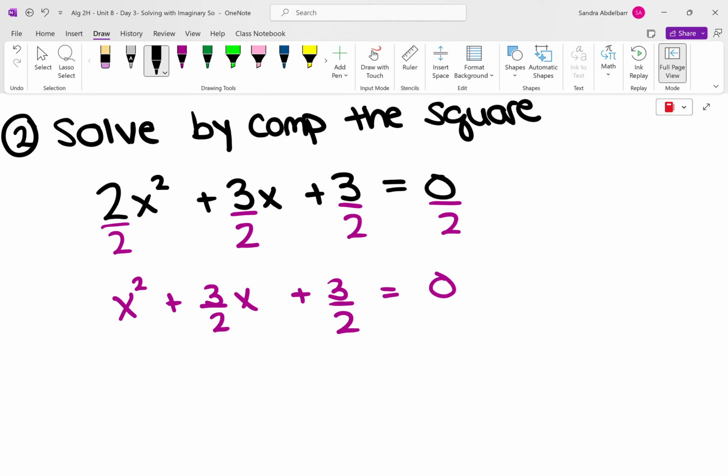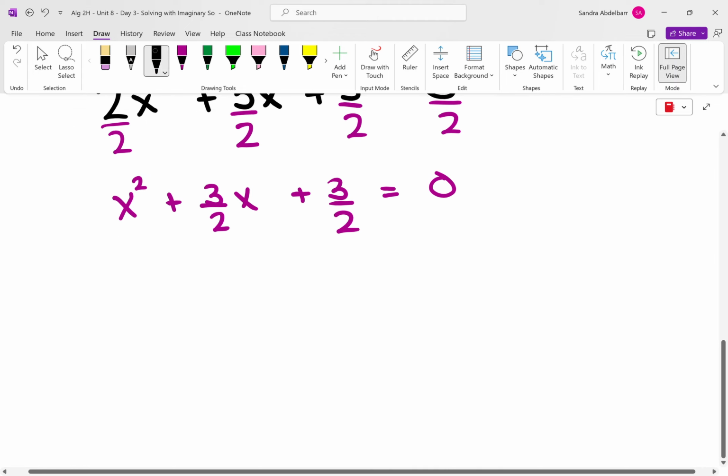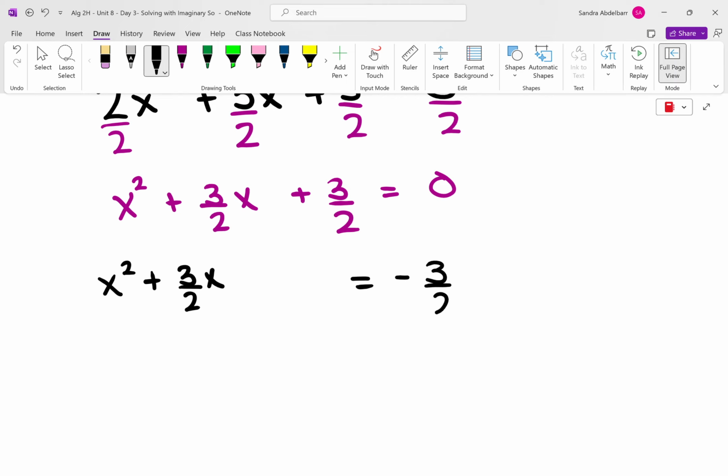Your next step when completing the square is you're going to move any number that doesn't have a variable to the other side. So we're going to have x squared plus 3 halves x is equal to negative 3 halves.